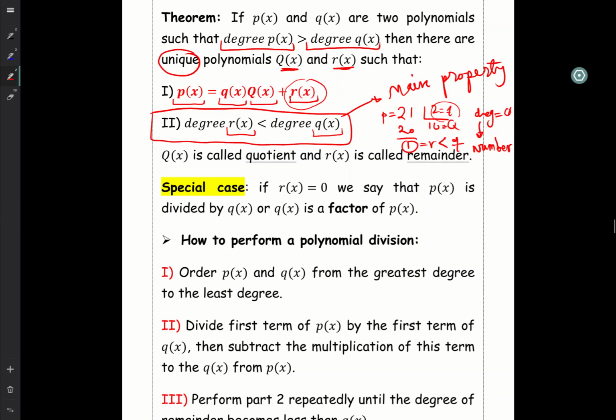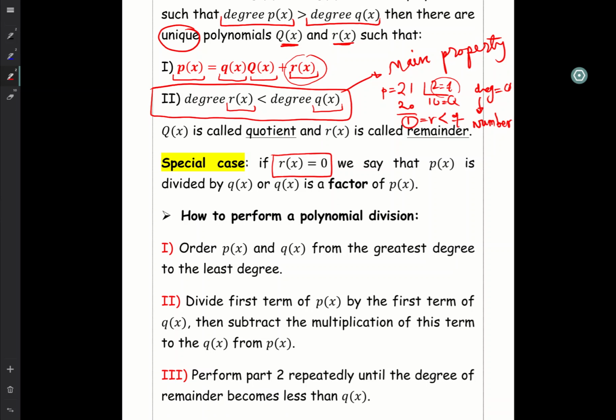In the special case, if R of x is 0, or the remainder is 0, we say that p(x) is divisible by q(x) without any remainder, can be completely divided by q of x. And q of x, the small q, or the capital Q, both of them are factors of p of x.